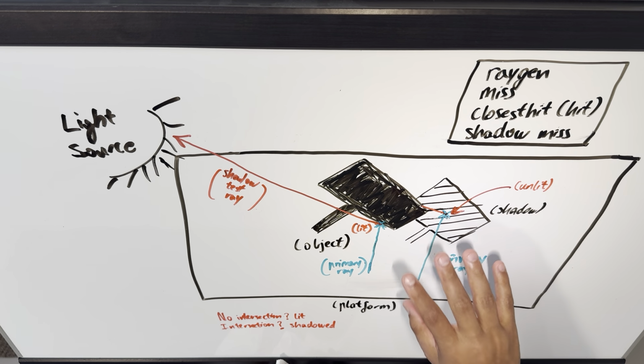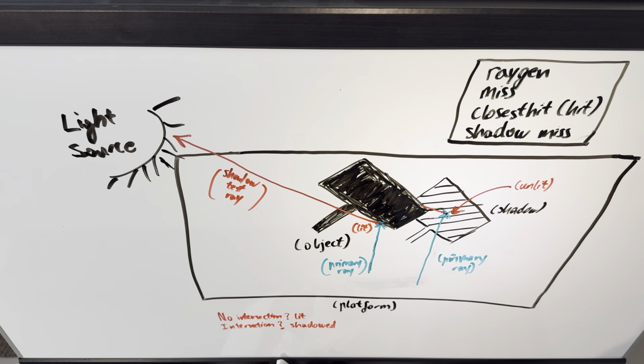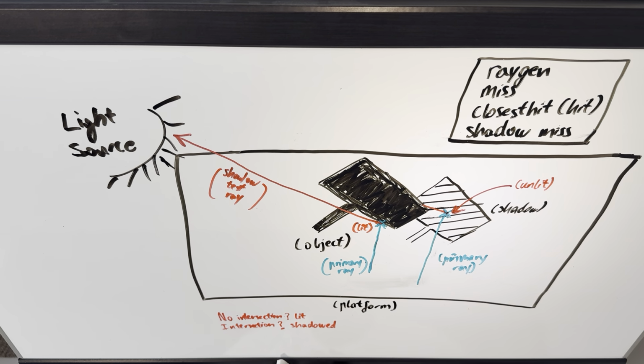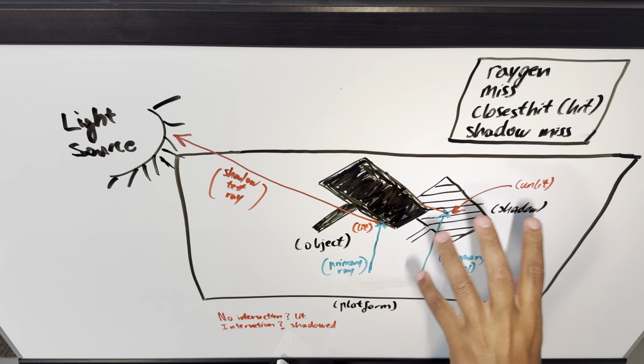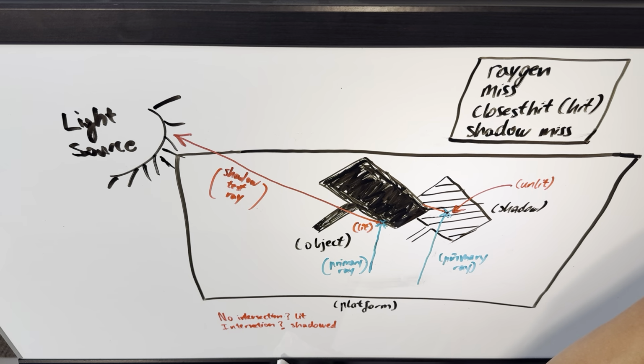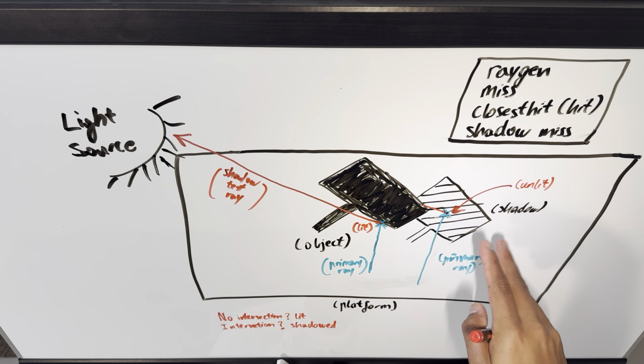There wouldn't be a shadow here because at this same point, the shadow test would go towards this light source and it would be uninterrupted. It would be unobstructed. You would basically have the light source covering all of this area, so there wouldn't be any shadows here.